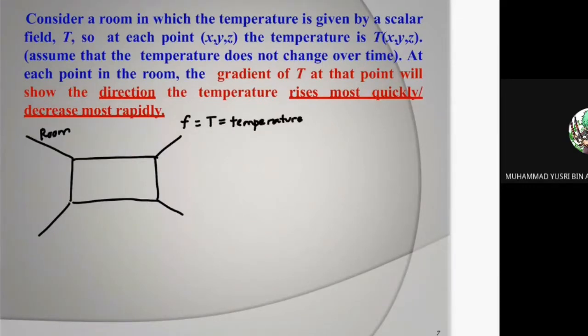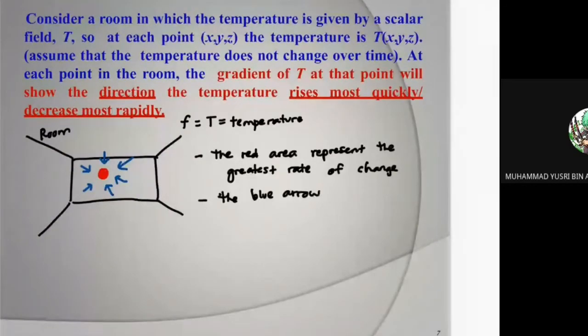At each point in the room, the gradient of T at that point will show the direction in which temperature rises most quickly or decreases most rapidly. So increase or decrease. Let's say you have this point, the red point, and you have the blue arrow. The red area represents the greatest rate of change, and the blue arrow represents the gradient.